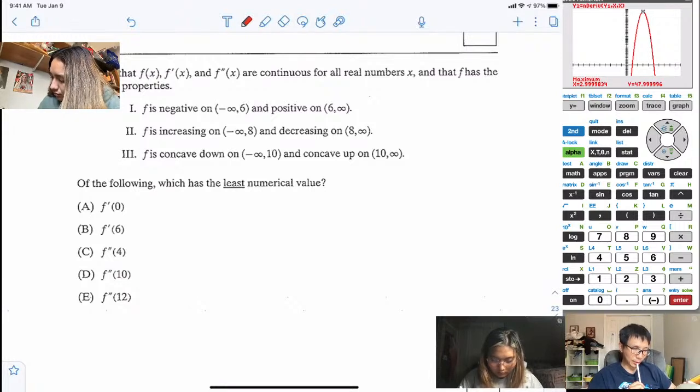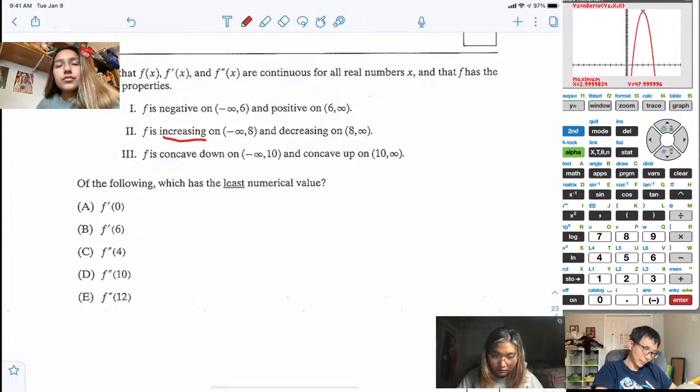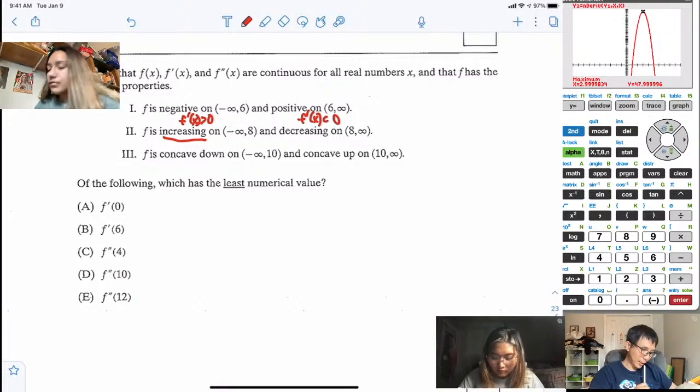They say f is increasing. What does increasing mean? f prime is greater than 0. Good. And decreasing from a to infinity means f prime of x is less than 0, right? So let's look at f prime of 0. We actually don't know. f is increasing from negative infinity to 8.